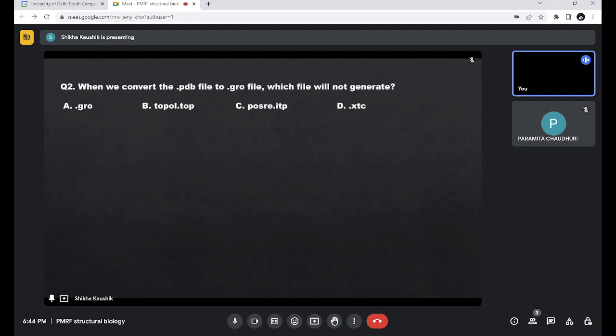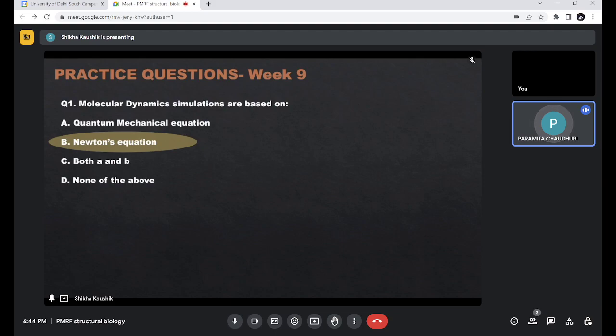Shouldn't it be both, the quantum mechanical equation and Newton's? No, no. We haven't achieved our molecular dynamics simulation with the help of quantum mechanics so far. We haven't reached that level yet. It's just following the Newton equation.